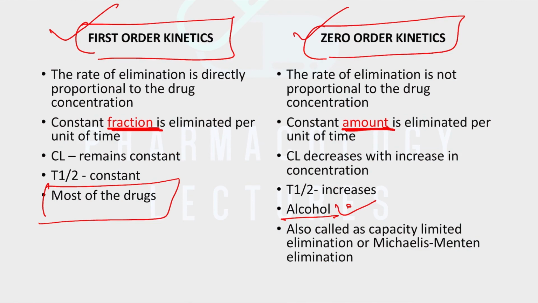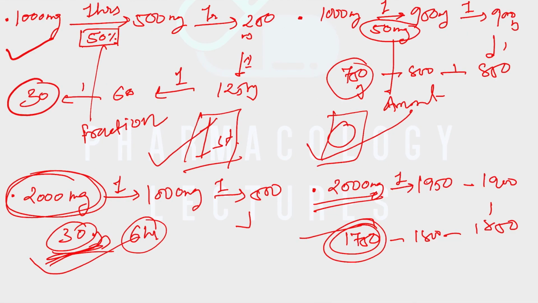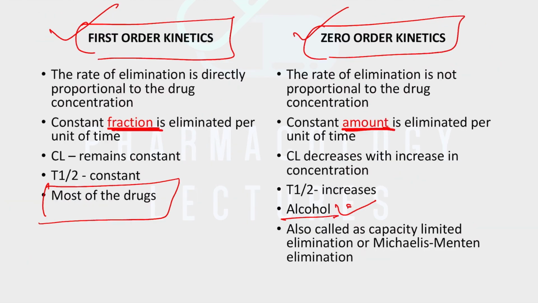But if the concentration rises, the kidney is not capable of keeping the drug out at the same rate. Now the drug will get accumulated, and there are chances of side effects, toxicity, and the patient might go into a coma. So drugs which follow zero order kinetics are very dangerous, and you need to keep this clinical scenario in mind.